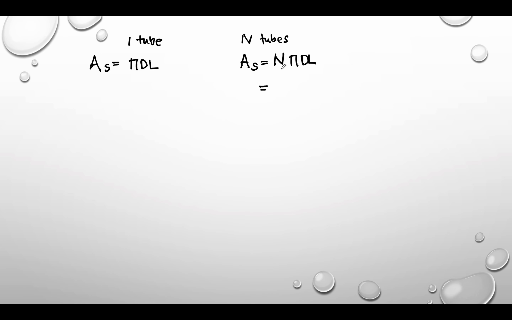Here, how many tubes do we have? We have 6 times 10. So pi DL, where D is the outer diameter, 0.015.